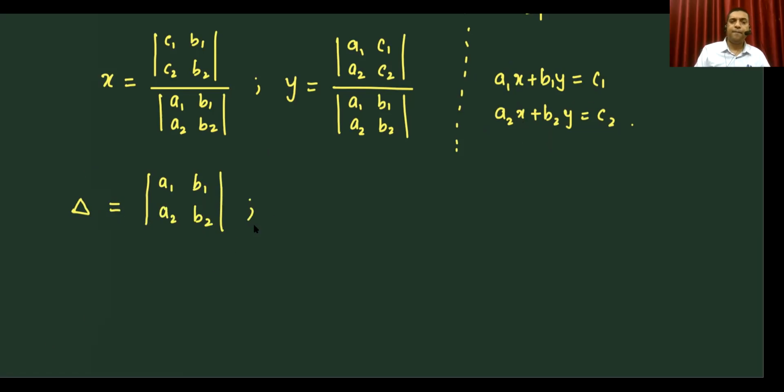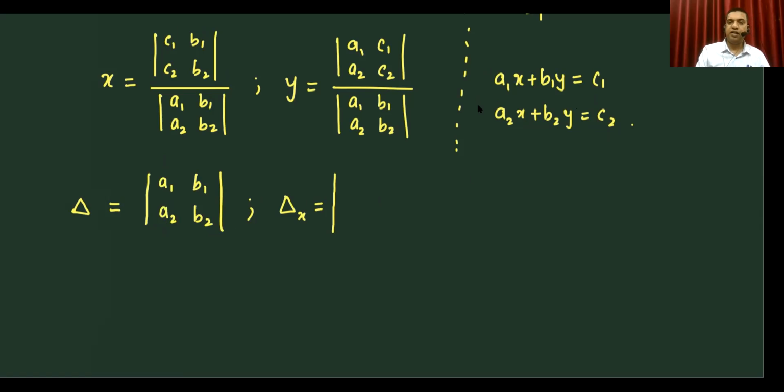I will call delta x, sometimes people call it delta 1, but because I am trying to solve for x, I get this determinant by replacing the coefficients of x by constants.